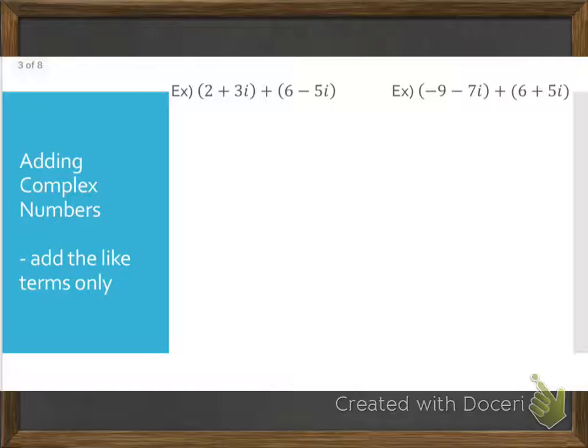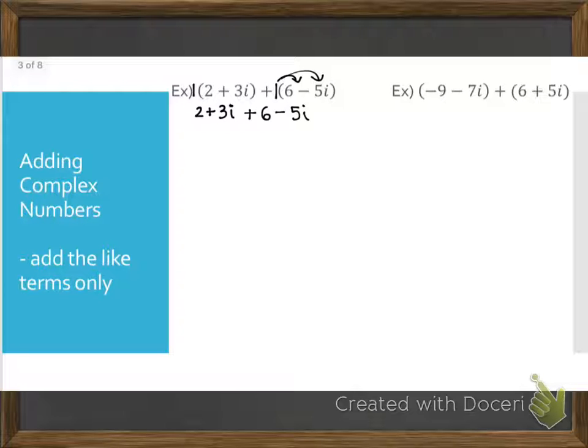Now, technically, in front of these numbers, there's a 1. One times any number is going to be the same thing back. So we got 2 plus 3i plus, we also have this 1, and 1 times 6 minus 5i is also 6 minus 5i.